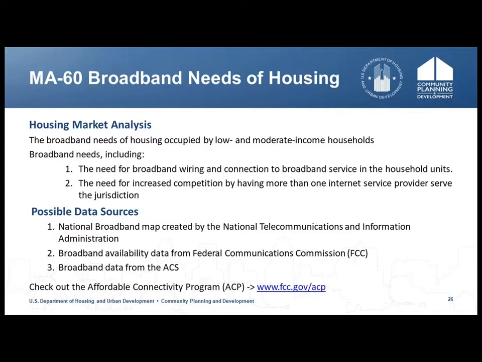It's up to a $30 a month subsidy for those households earning less than 200% of poverty. That's just one criterion that would qualify them. There's a host of other ways households can be eligible for that subsidy, so I'd encourage you to check that out. There's a link there: fcc.gov/ACP.